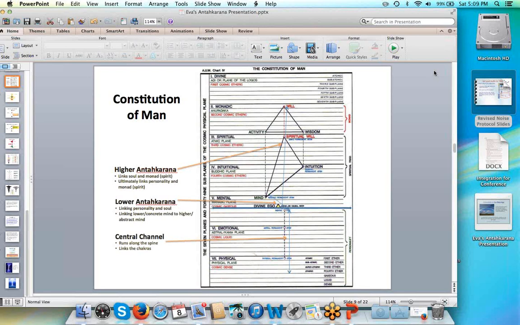A lot of stuff will fall into place because building the Antahkarana is also connected to the science of impression.